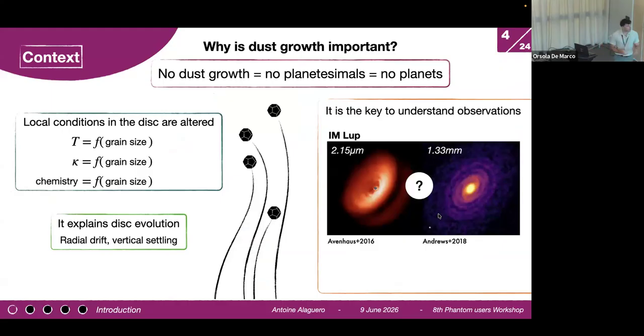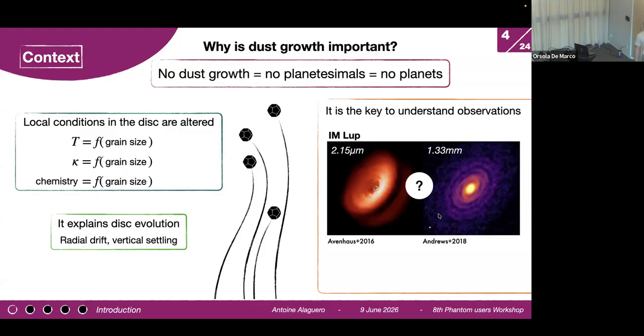All right, so why is dust growth important? Well, the main reason is that if there is no dust growth, you don't have planetesimals. If you don't have planetesimals, you don't have planets. But dust growth also affects the temperature structure in the disk because it affects the opacity law of the dust, which also has dramatic impacts on the disk chemistry, but also on the chemistry at the grain surface.